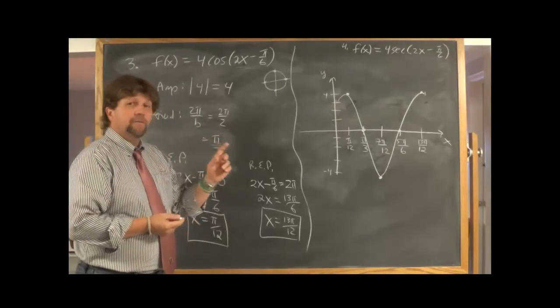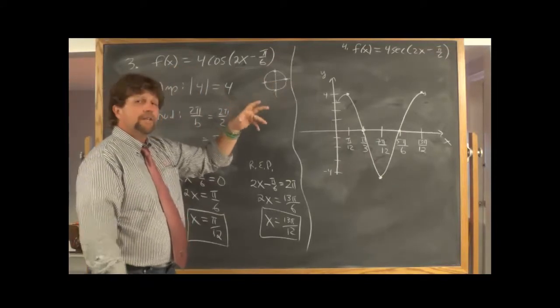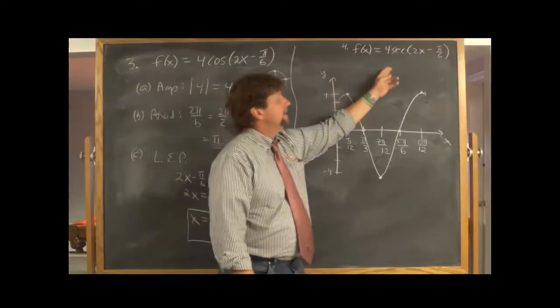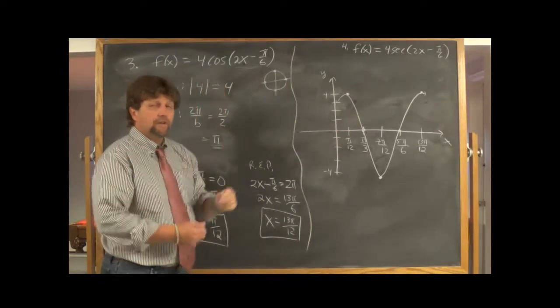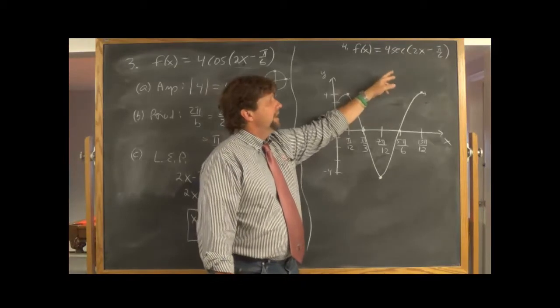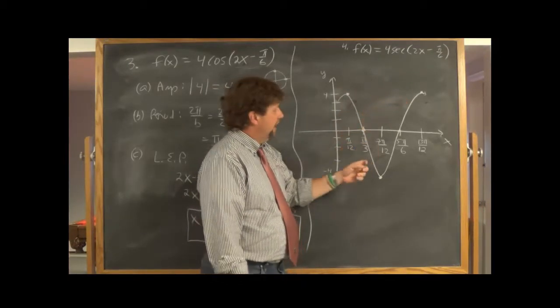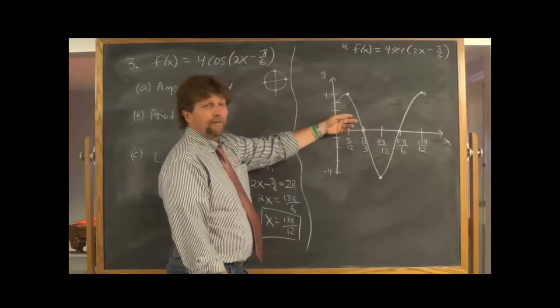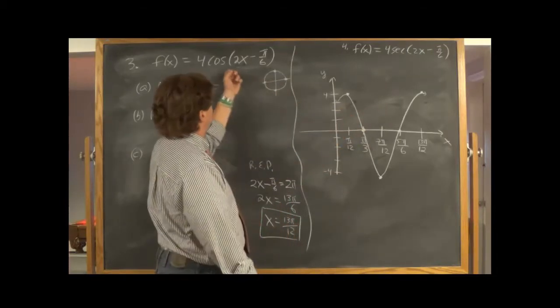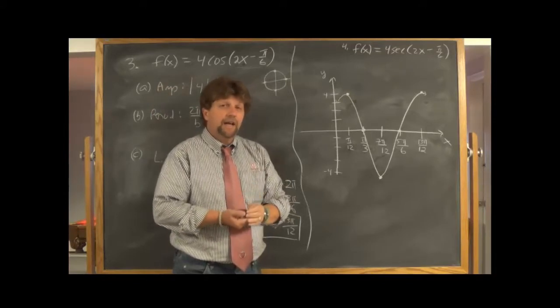The key to doing number 4 is doing number 3. The reason why: secant is the reciprocal of cosine. So to get the graph of 4 secant 2x minus pi over 6, we're going to use the graph of 4 cosine 2x minus pi over 6 from number 3 as our guide.